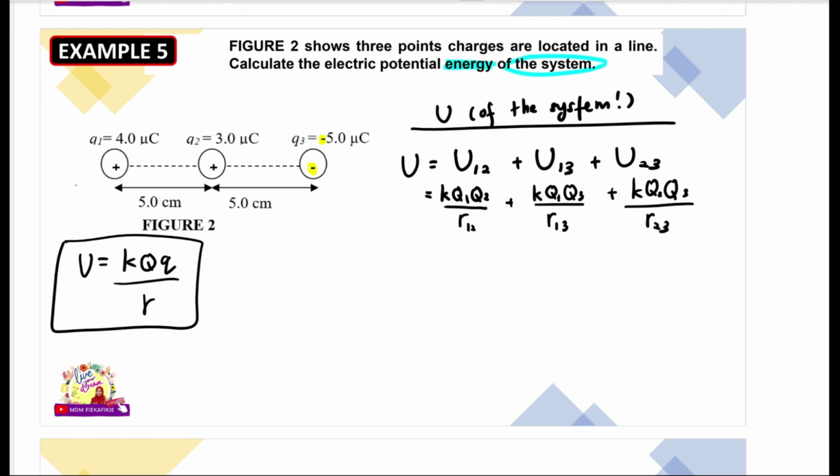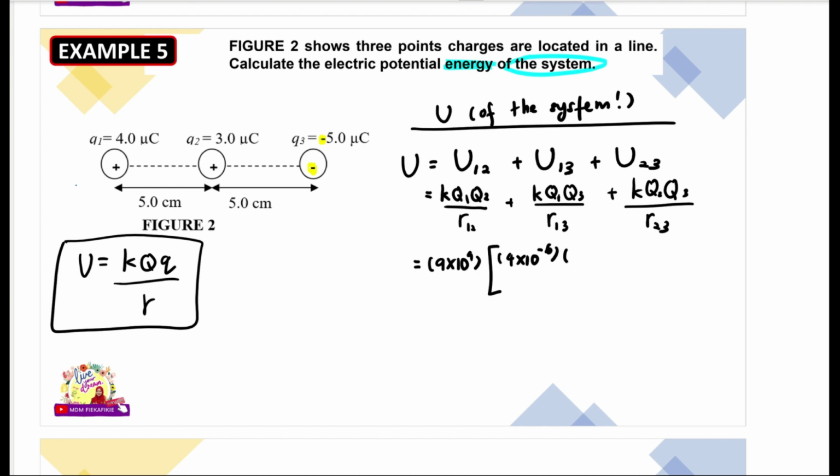Okay, so remember Q3 tu negatif, dalam calculation jangan lupa masukkan negatif. So we can just substitute all the values here. Q1 kita dah ada 4, masukkan panjang pula ni kan. Banyak nilai nak kena consider.